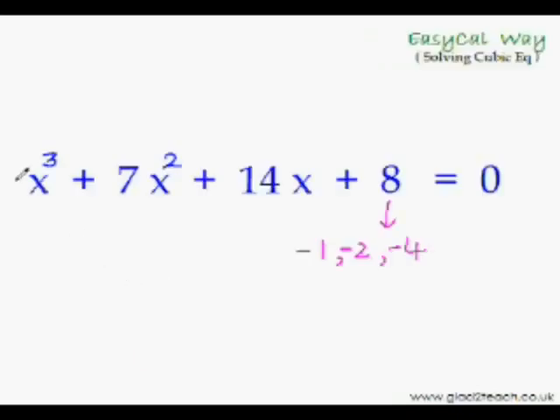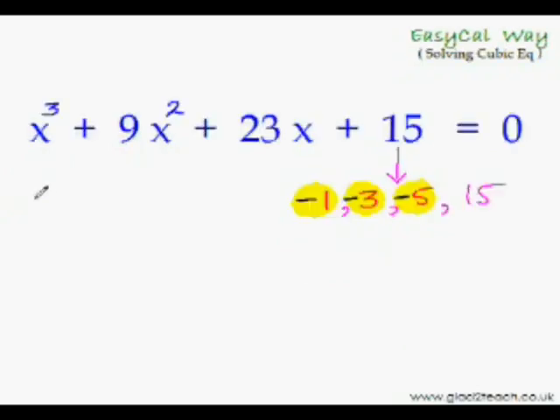You just have to add the coefficients of the alternate terms. 1 plus 14 is 15. Now add these alternate term coefficients as well. 7 plus 8 is also 15. So whenever the sum of the alternate terms is equal, then one root out of the 3 has to be -1. You can find that out instantly.